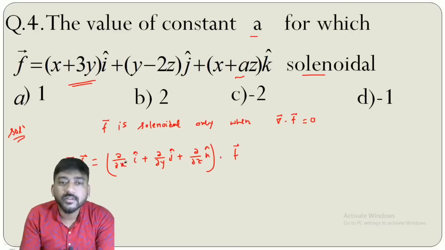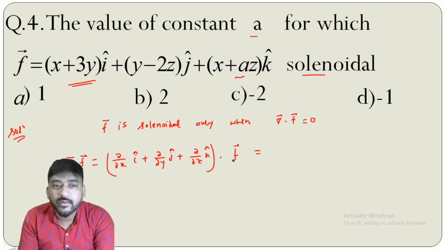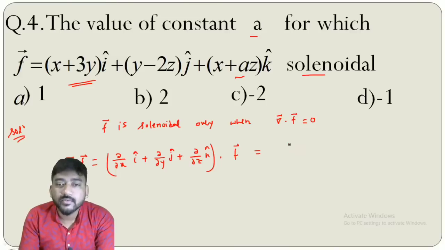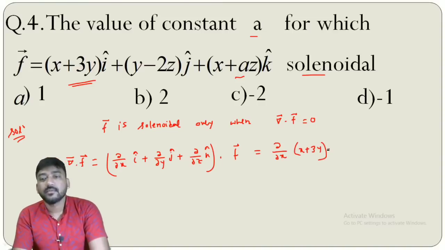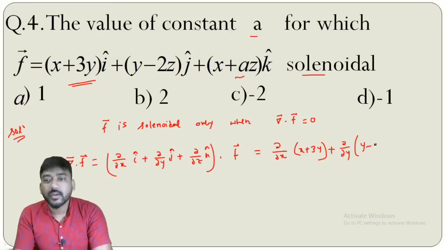So first, for del x i dot f, it will be just del x of x plus 3y, plus del y of y minus 2z, plus del z of x plus az.